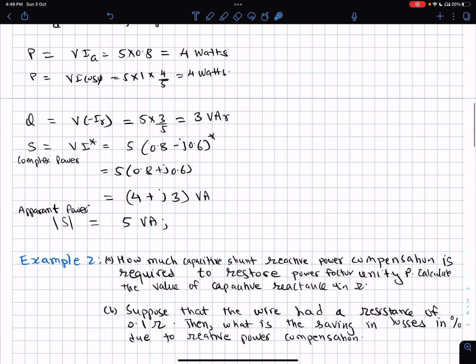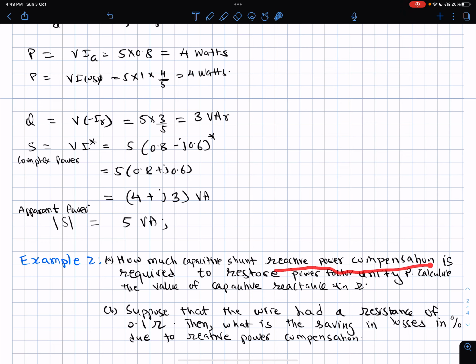Now, let me bring out this concept of reactive power compensation through an example. The question is how much capacitive shunt reactive compensation. So underline capacitive, I am going to use a capacitive, shunt capacitive also I could have written.